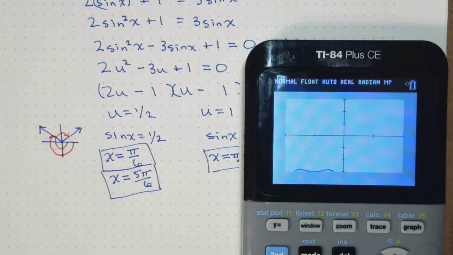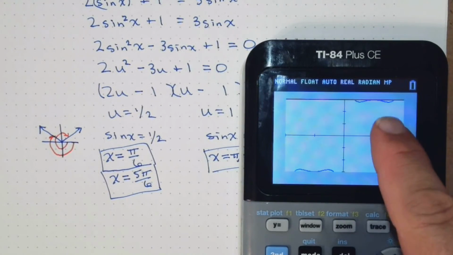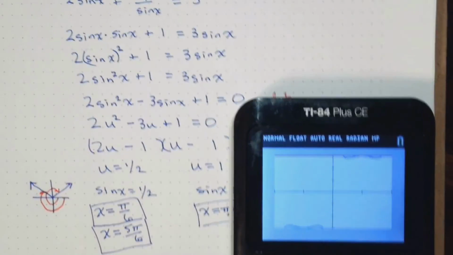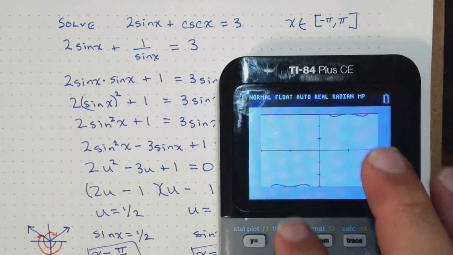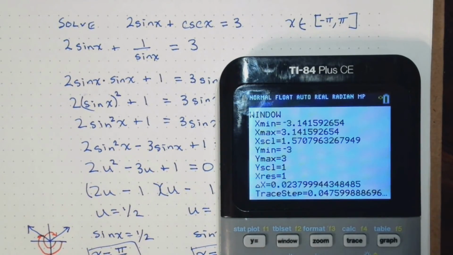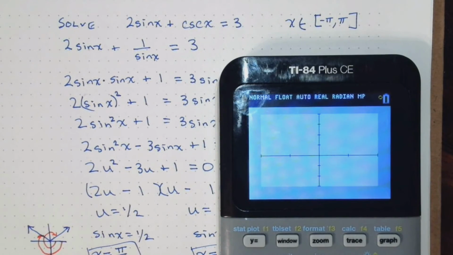And so I can see that some of the work seems to be towards the bottom of my graph, and I seem to have intersections up here. And remember, what was that initial equation? It was equaling 3. So I'm going to go ahead and adjust my window where I can clearly see the intersections near the top. I'll go ahead and regraph.